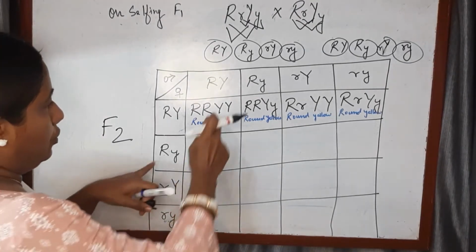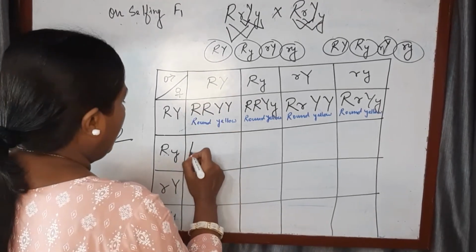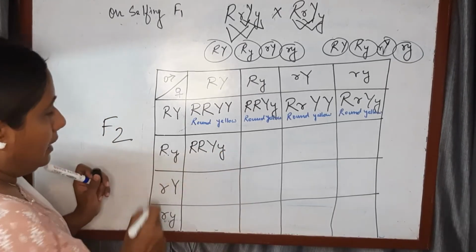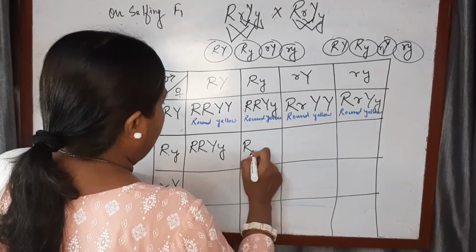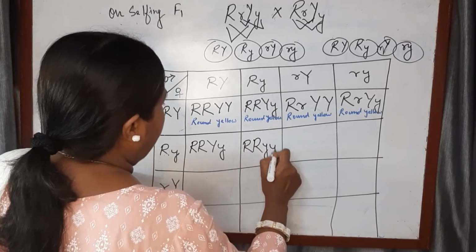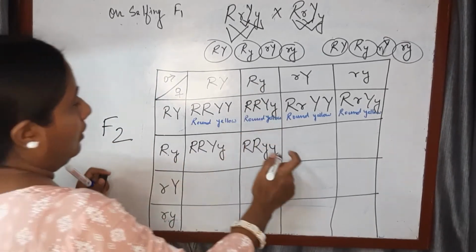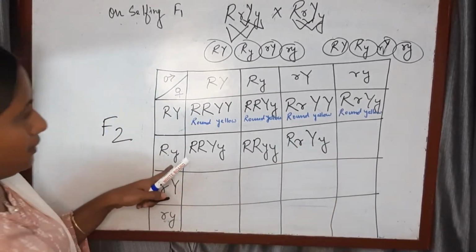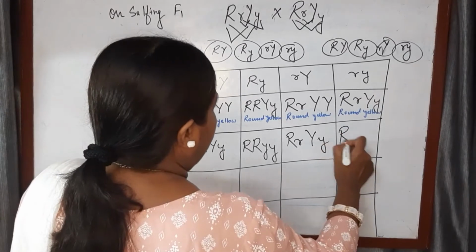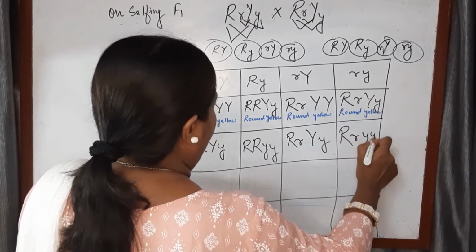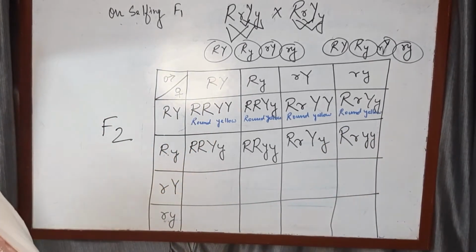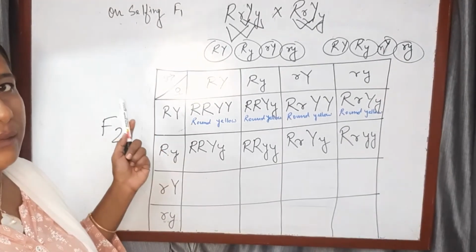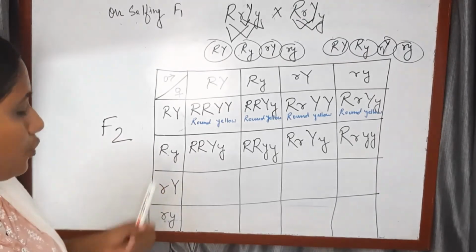Now you cross these two: capital R, capital Y, small y. These two: capital R, small y, small y, both small. Here capital R, capital Y, small y, then capital R, small y, small y. Now we are getting some new combinations that were not present in the F1, nor in the parent generation. What are they?